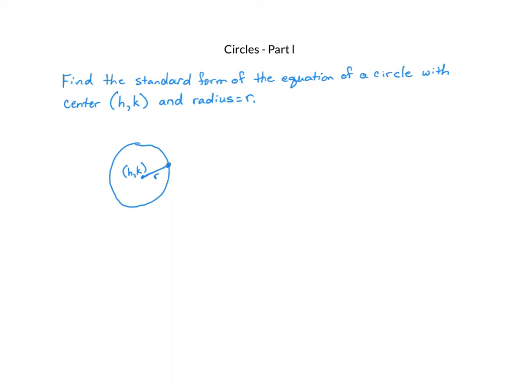And we'll have a generic point x, y, and x, y represents any point on that circle. So we know that the distance between h, k and x, y better be r. So let's write our distance formula: the square root of x minus h squared plus y minus k squared equals, in this case, r.